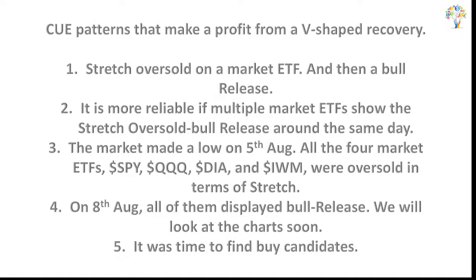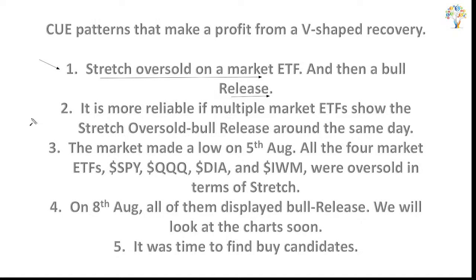More patterns that make a profit from a V-shaped recovery, and a very useful pattern, the stretch signal that shows overbought or oversold condition. Part of the pattern is stretch oversold on a market ETF and then a bull release, the oversold condition giving way to a bullish move. Stretch and bull release.